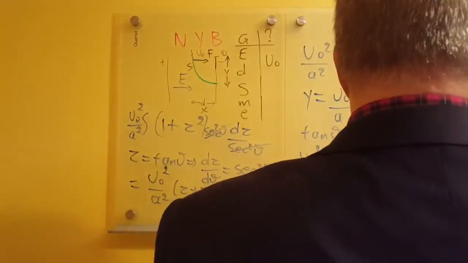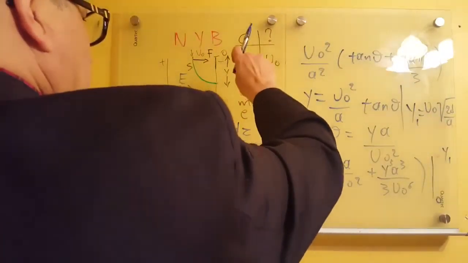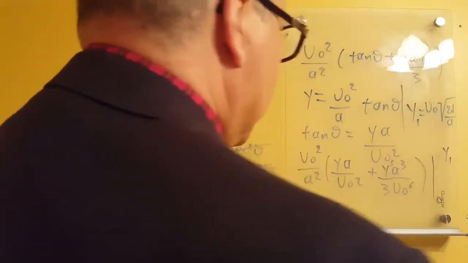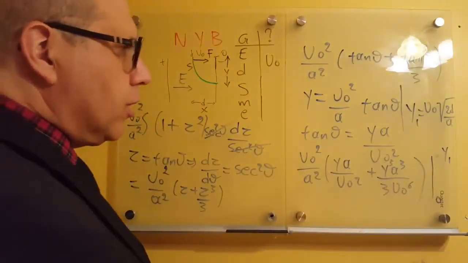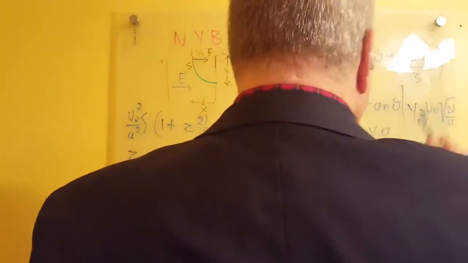The d is given, a is given, the capital E and the mass of the proton are given. So the only unknown will be v0.